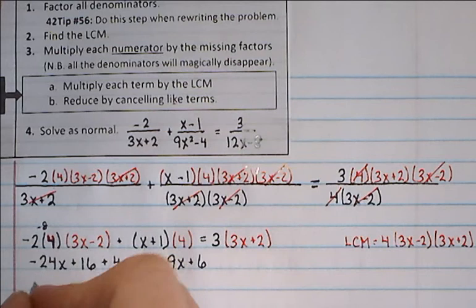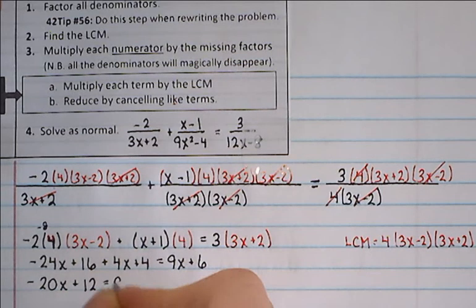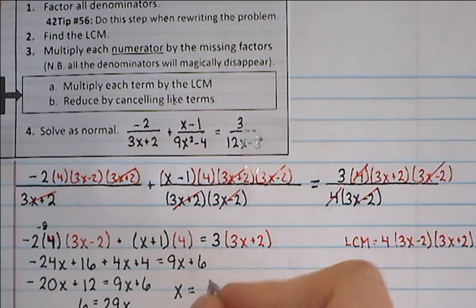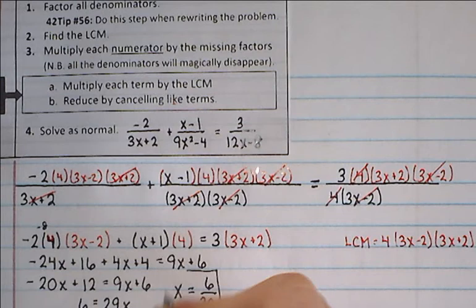Continue to combine like terms and simplify, and on the left I'll get a negative 20x plus 12 equals 9x plus 6. That will end up giving me a 6 equals 29x. And if I divide both sides by 29, I will get x equals 6/29.